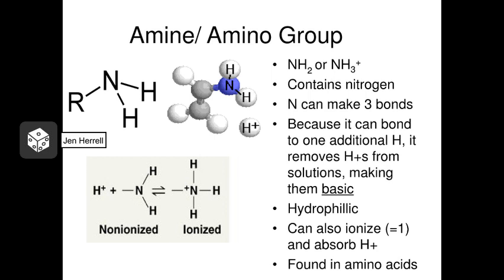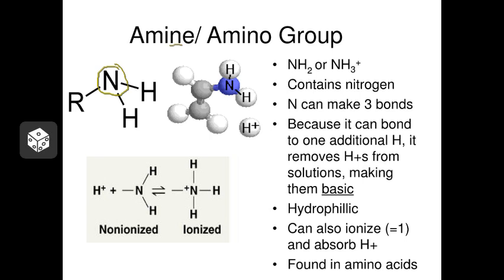Next, we have the amine or amino group. Now, some of the previous functional groups were nice because their names kind of told you what atoms were involved. That's not the case with the amine amino group. The way that I remember what an amine or amino group contains is that these words contain the letter N, and the key component of an amine or amino is a nitrogen.